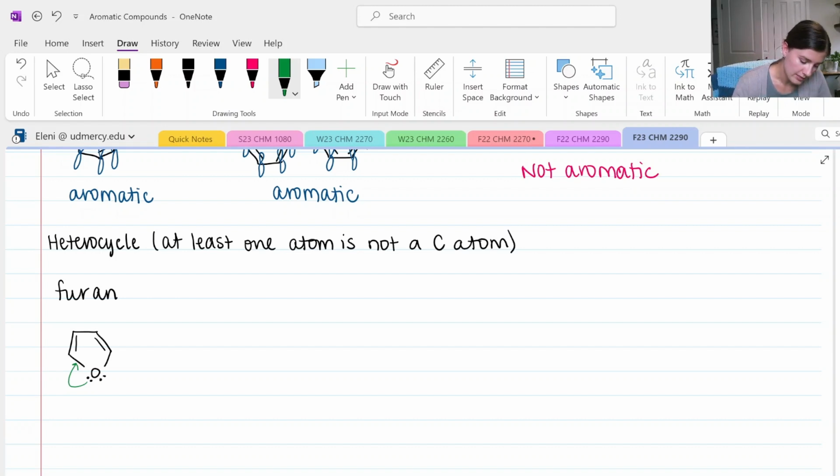But then we have to resonate away some of the pi electrons from that neighboring pi bond, and then same thing with that last pi bond there. We can't create a pi bond right here because that would end up with too many electrons around that oxygen. So let's draw what this resonance structure looks like.